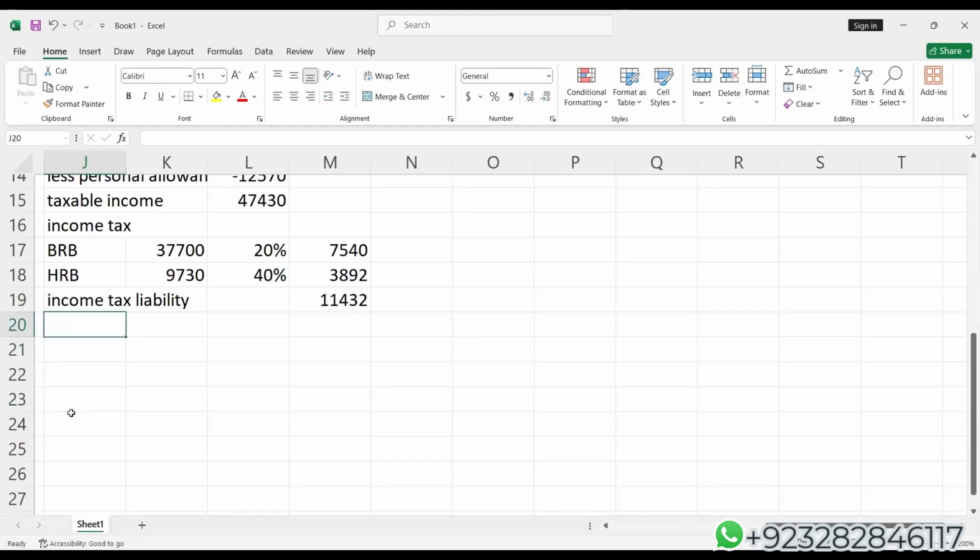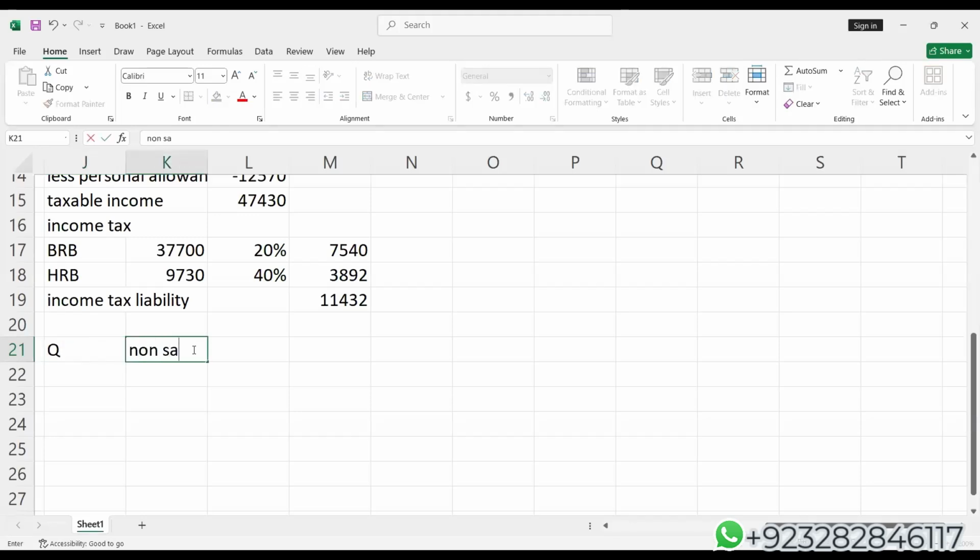Whenever we are required to calculate income tax liability for an individual, first we apply tax rates on non-saving income. After that, we go for saving income, and finally we go for dividend income. I'm just giving you a question.